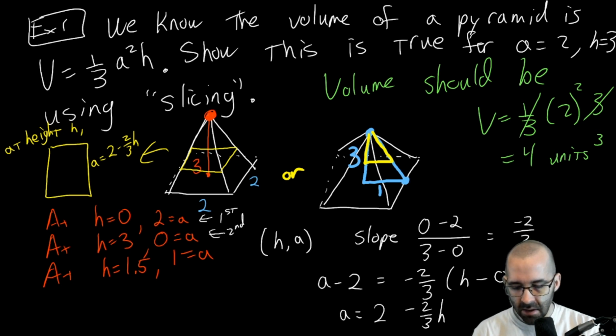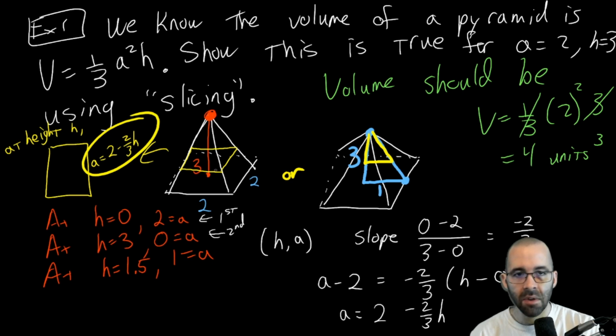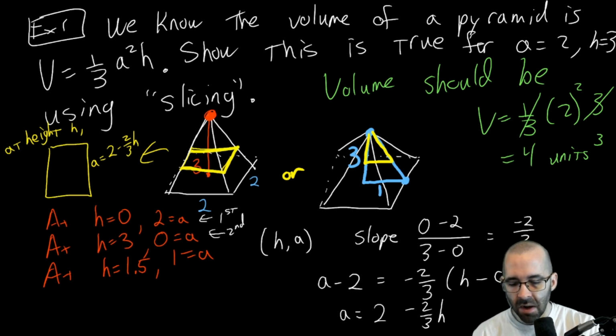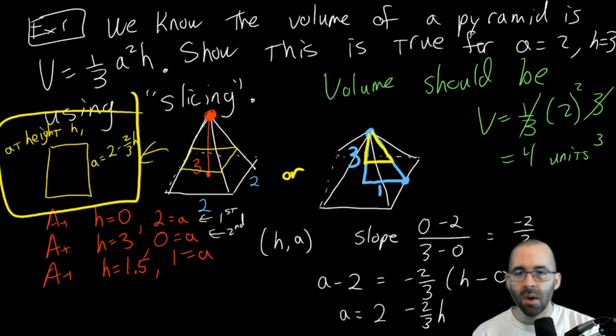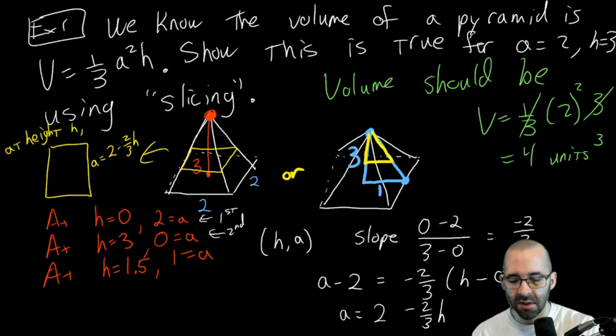And when we're at the middle, when h is 3/2, what's our side length? 2/3 of 3/2 is 1. So when we're at the middle, the side length is 1, just like we thought. Similarly at the top, when h is 3, our side length is going to be 0. So we found that the cross section looks like this. At any height from the base, this is what our cross section looks like.